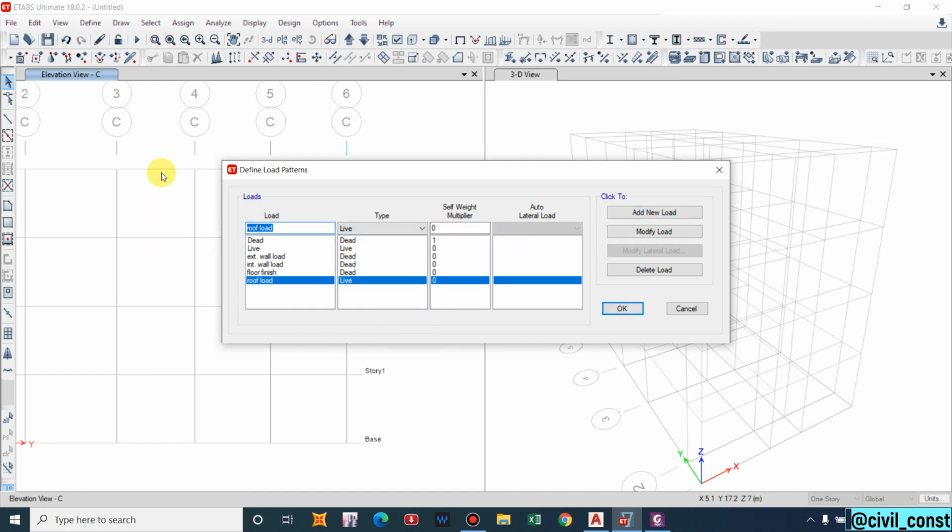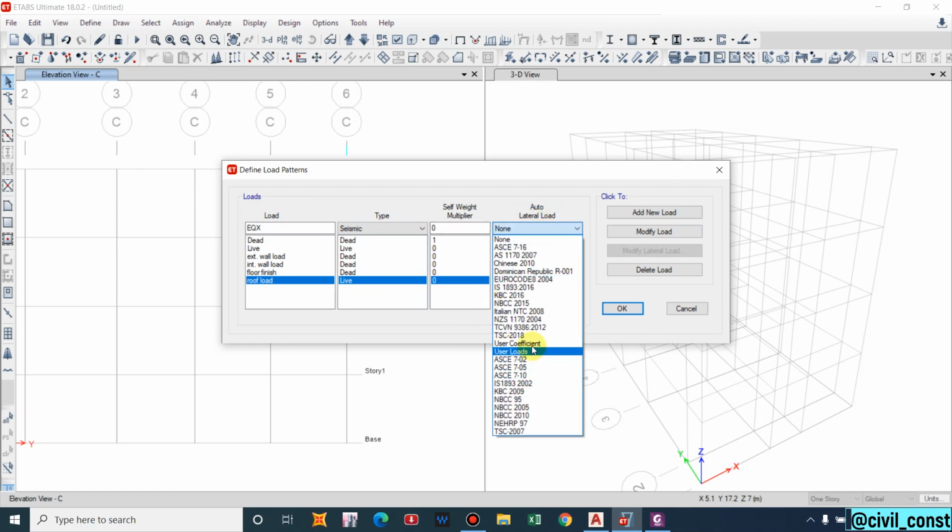And we have earthquake load in x direction, this will be seismic. We have two auto lateral load options: user coefficient, or a list of auto lateral loads. If you are using your own coefficient or manual calculation, then you can use user coefficient, but for now I'll be using the Indian standard, IS 1893 2002 or IS 1893 2016.